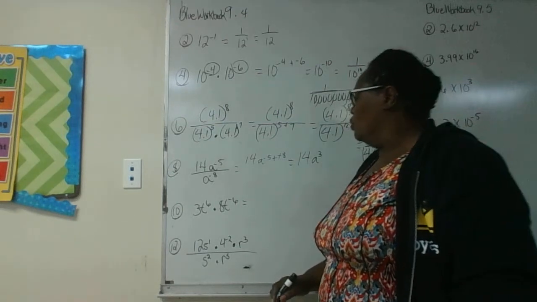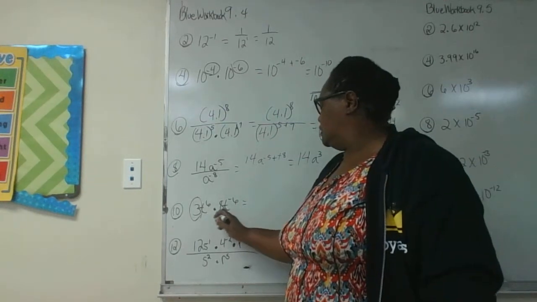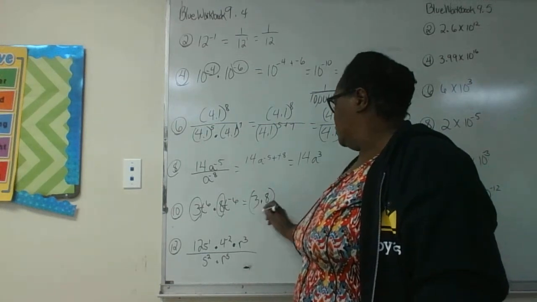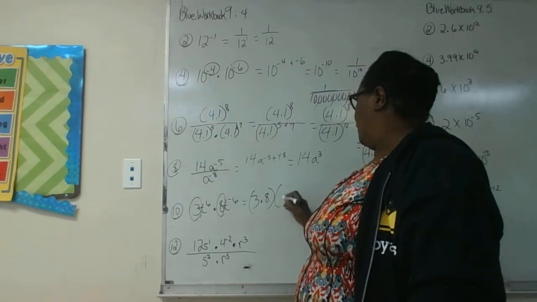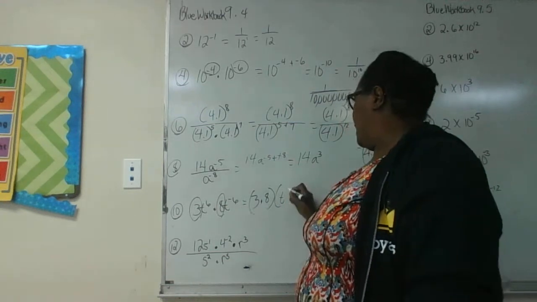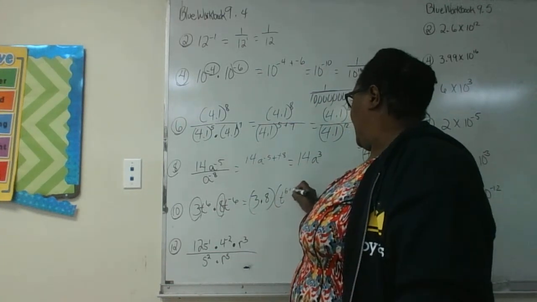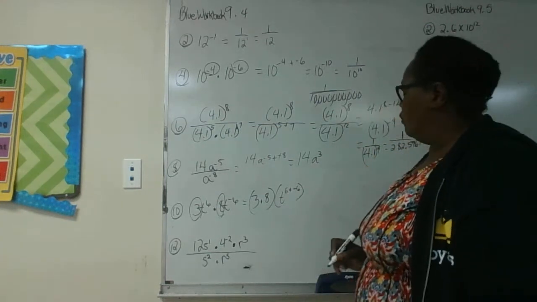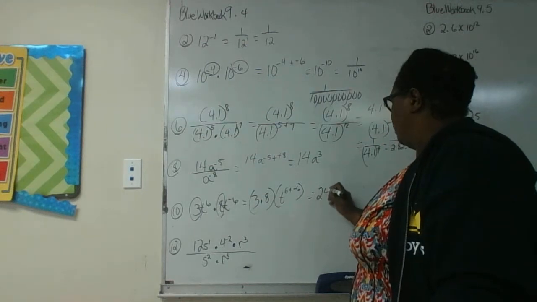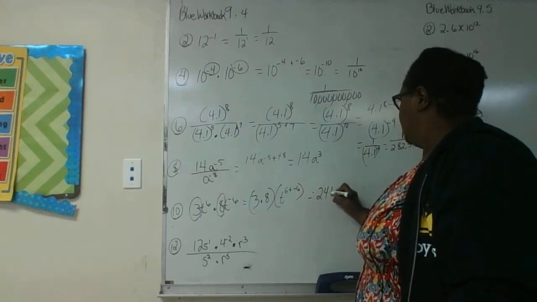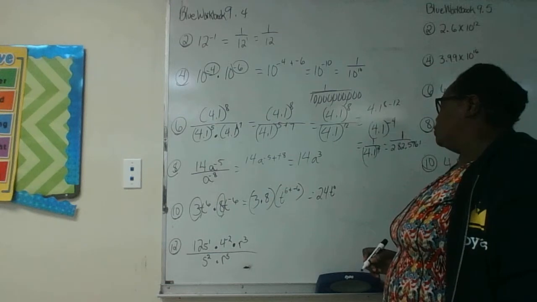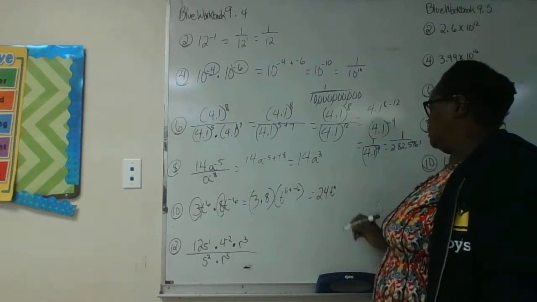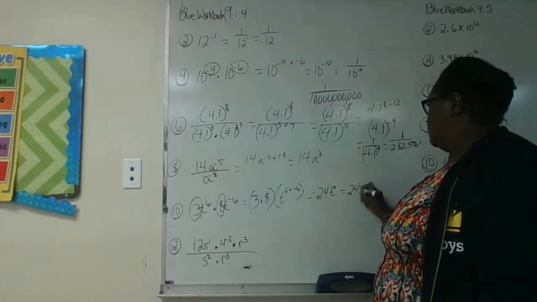Here, we're going to take our coefficients and multiply them. Then we're going to take our variable t to the 6th power, since it's being multiplied, add it to the negative 6th power here. And therefore, we have 24, and that becomes t to the 0 power, which we know any variable or number raised to the power of 0 is 1, so therefore this becomes 24.